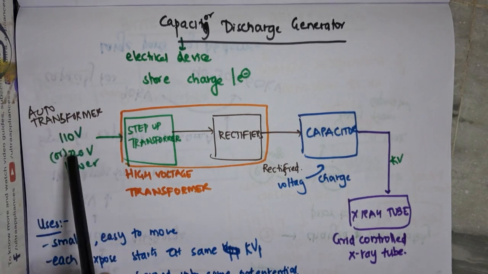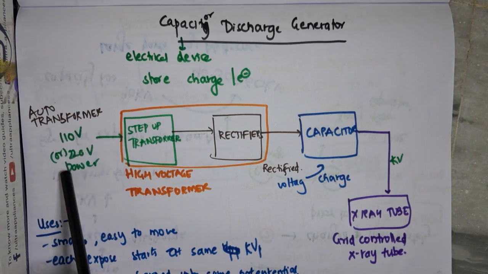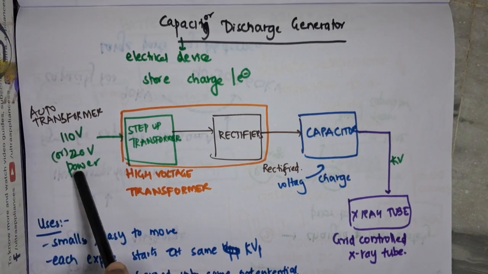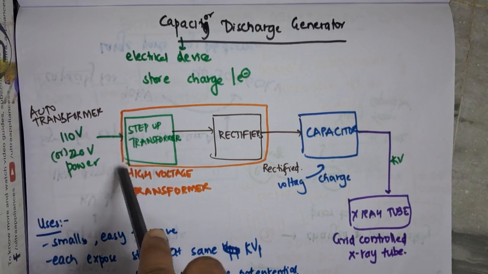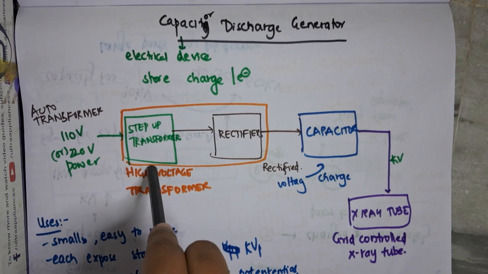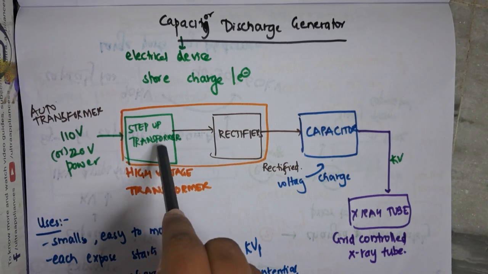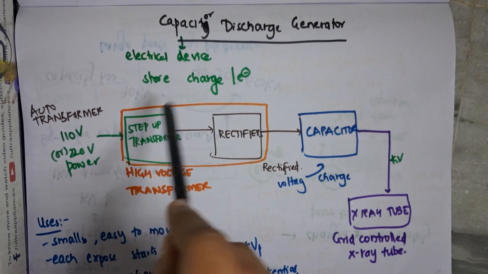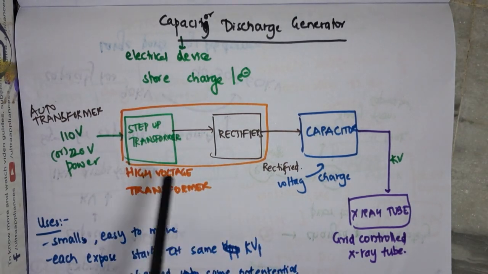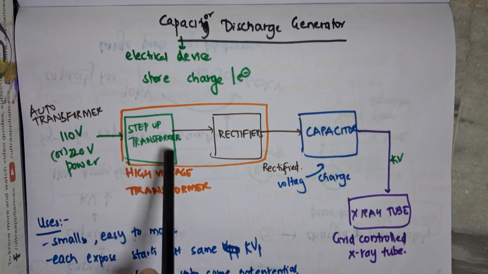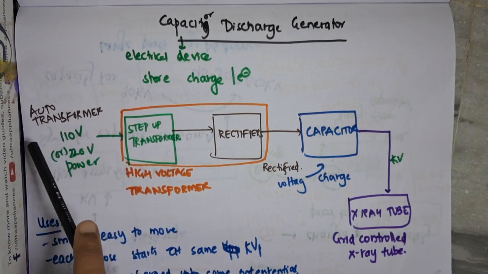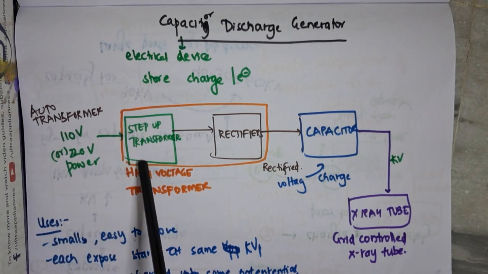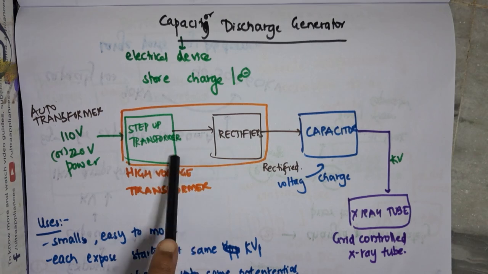To the auto transformer, a standard 110 or 120 volts power is fed, and with the help of the auto transformer it is given as input to the step up transformer. This step up transformer is a high voltage transformer.